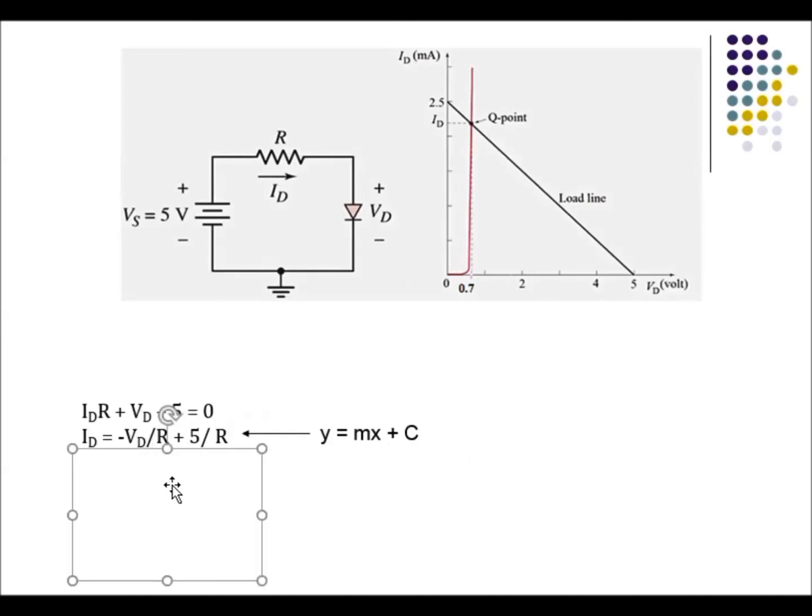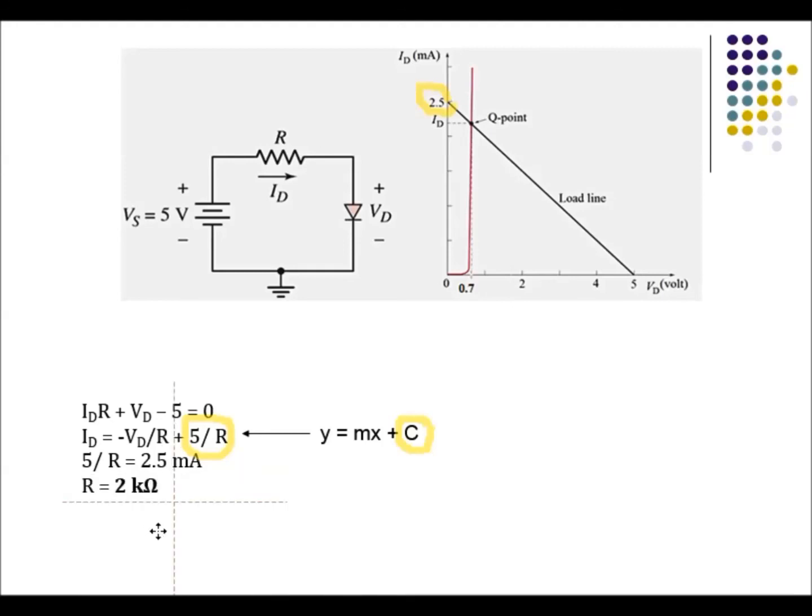After that, you know that 5 over R is your C, and the value is given here, 2.5. So 5 over R is 2.5 milliampere, and I managed to get R equal to 2 kilo ohm. So that's done.